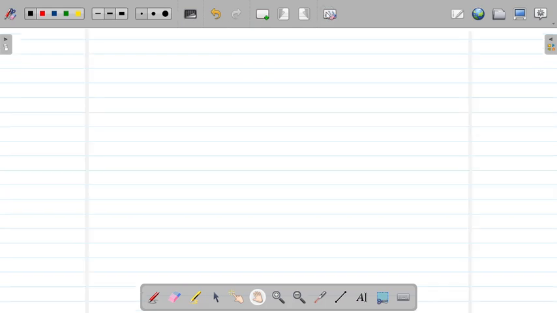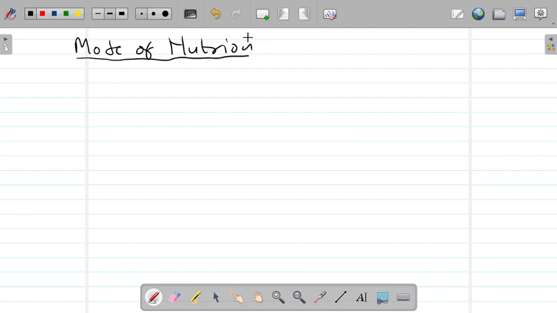Now, let me erase. Let's quickly look at the mode of nutrition. What do I mean by the mode of nutrition? Mode of nutrition is how they feed. Everybody's got to eat. So, how do bacteria eat?